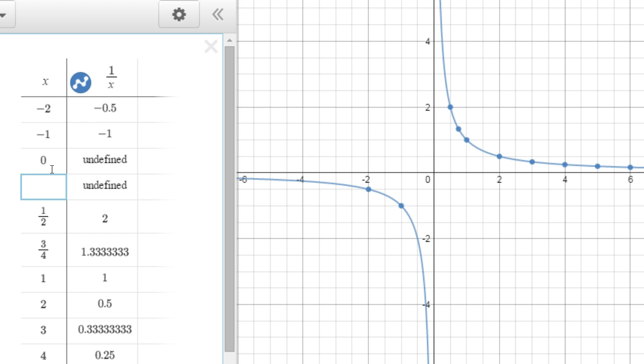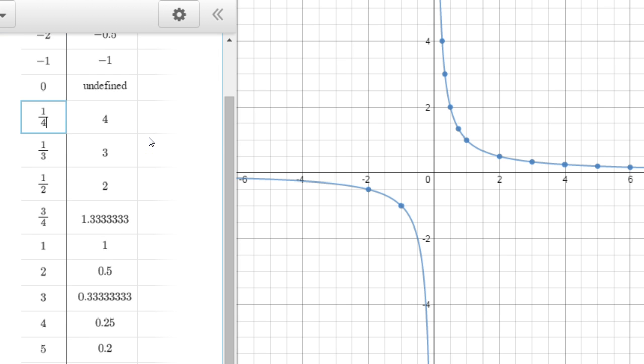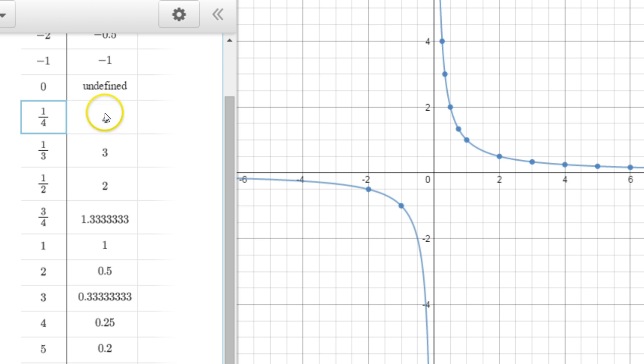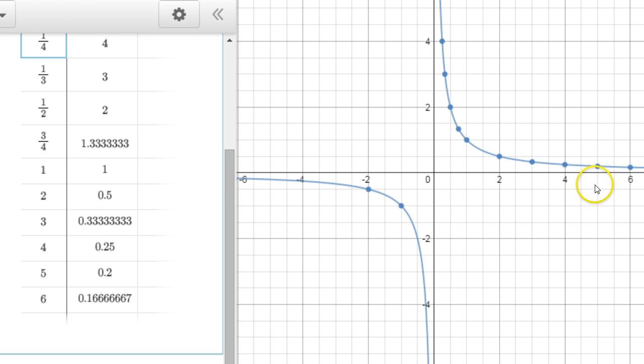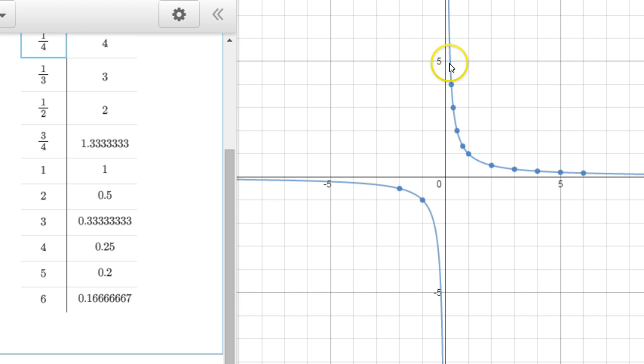Press enter again and do maybe 1/3, then 1/4. As I look at my values, I'm able to see that as x decreases, y increases, which makes total sense because this is an inverse variation relationship. The cool thing is that I can see this graphically now and just work with it.